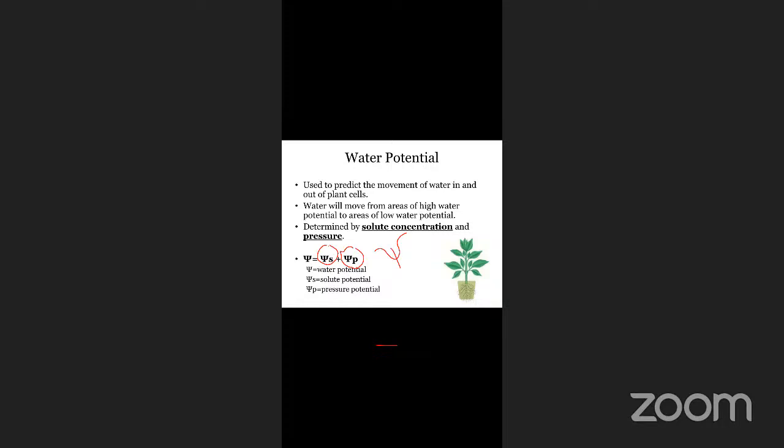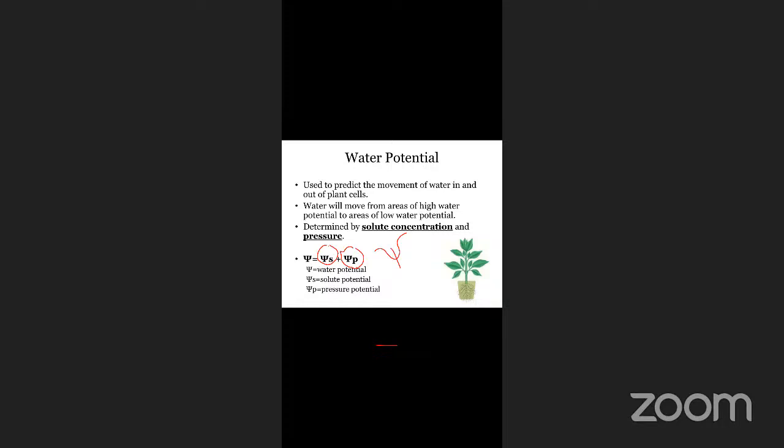Water potential is just a concept fundamental to understanding water movement. Water moves from high water potential to low water potential.